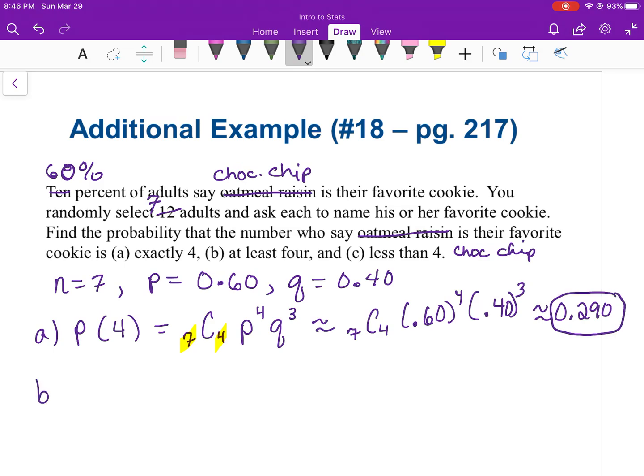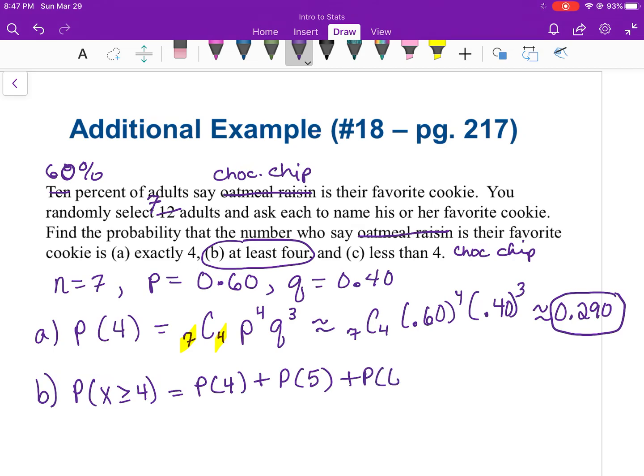All right, part B, at least 4. Okay, so at least 4 people say that they like chocolate chip cookies. So that's going to be x is greater than or equal to 4. Okay, but we know that we only have 7 adults, so we need the probability of 4 plus the probability of 5 plus the probability of 6 plus the probability of 7.